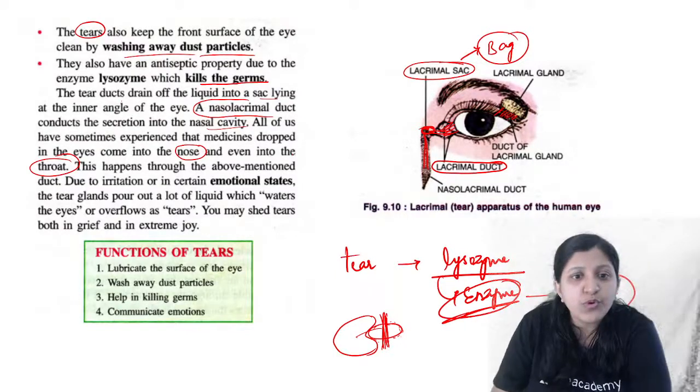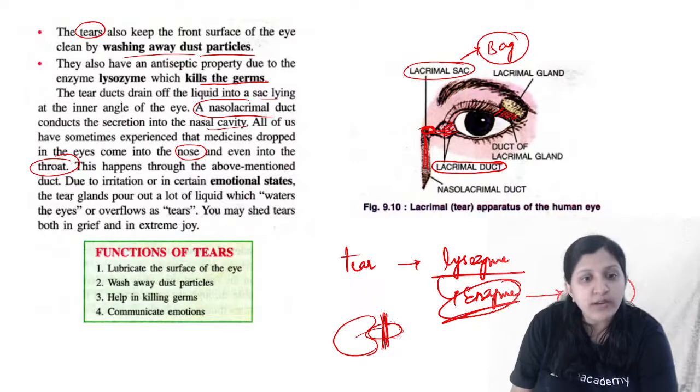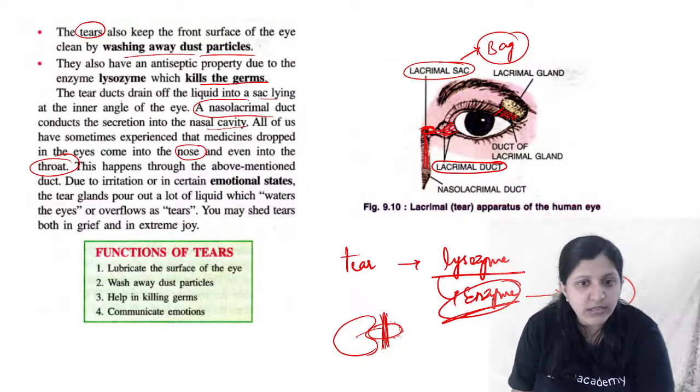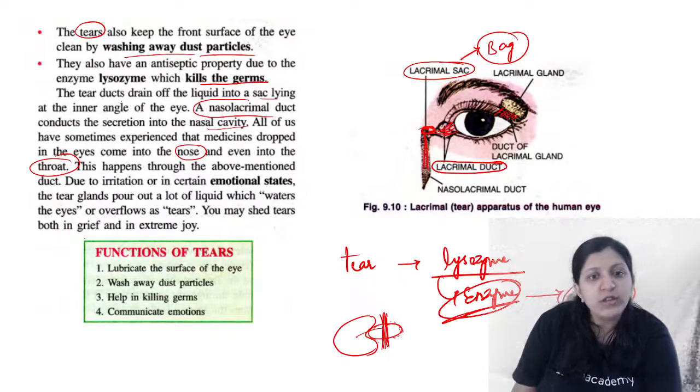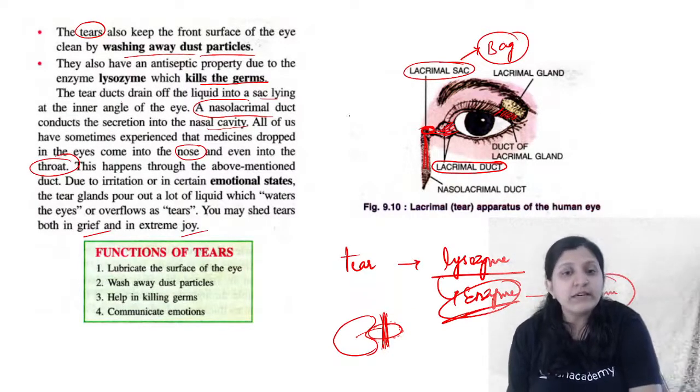Due to irritation or in certain emotional states, the tear glands pour out a lot of liquid, which waters the eyes or overflows as tears. You may shed tears both in grief as well as in extreme joy. This is under the control of the gland.